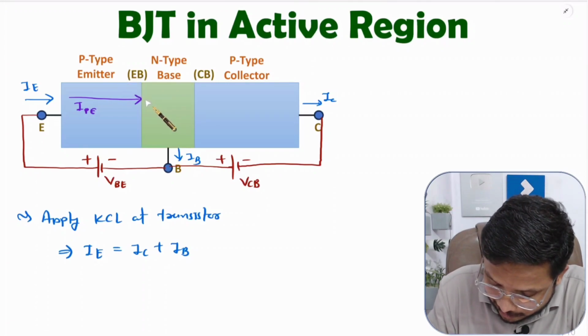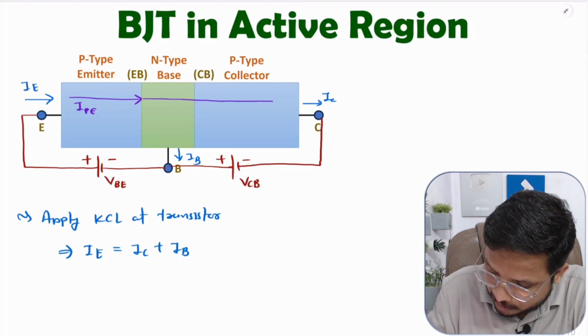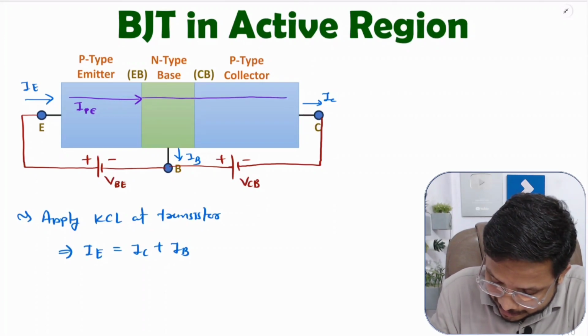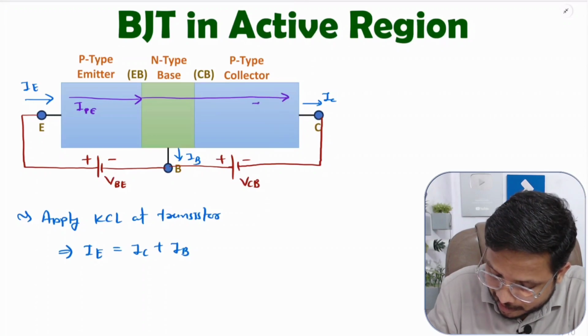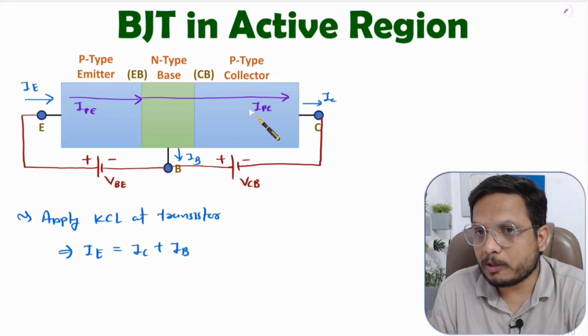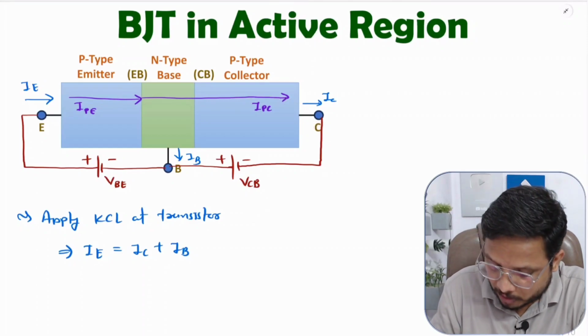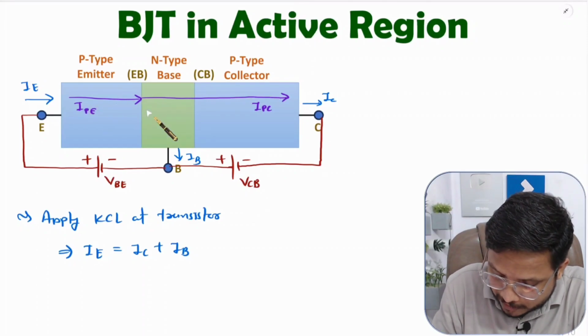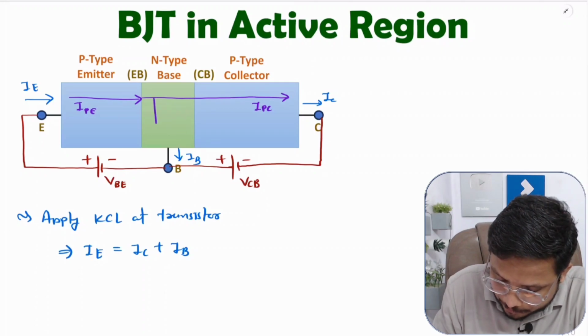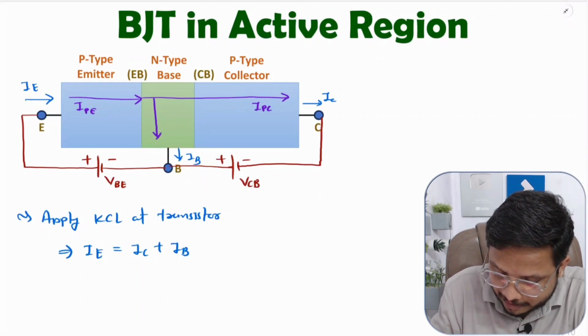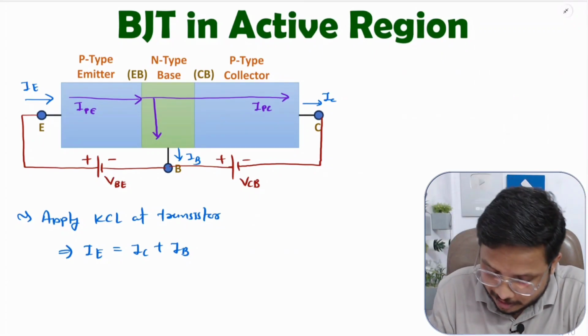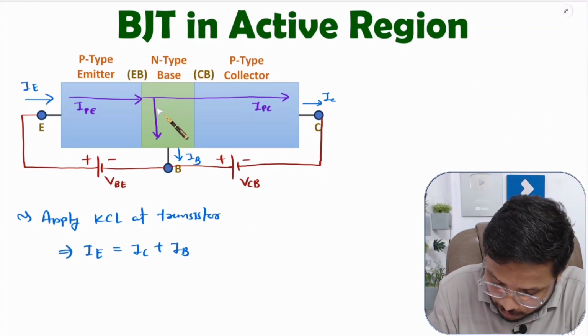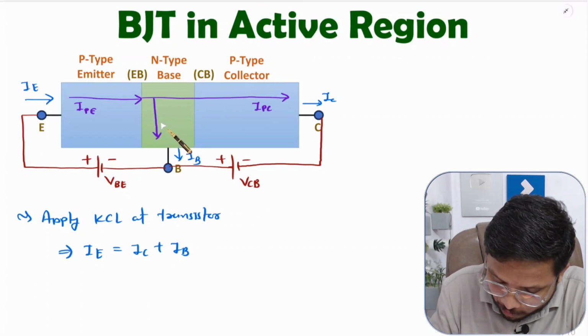Now this current flows towards the collector. At the collector, IPC means the current due to holes at the collector. Partial hole current is lost at the base side, and that happens due to recombination. That difference is IPE minus IPC.